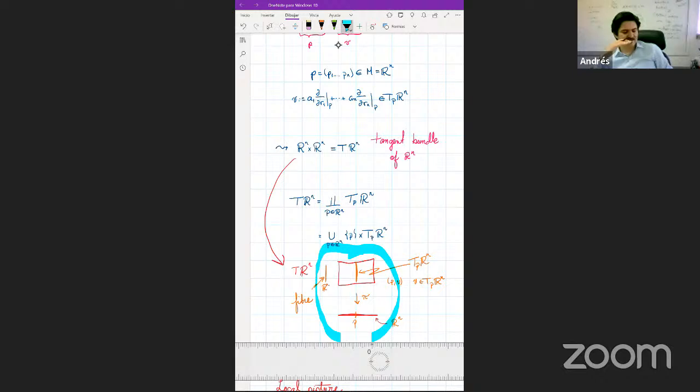The target, which is M or Rn, you have it here, the target of the map. The pre-image of every point is always the same, and that's what is called the fiber. In this case, it's just the tangent space at that point, but all of them as vector spaces are just Rn.